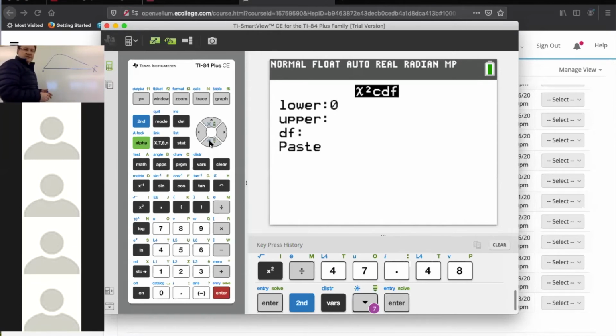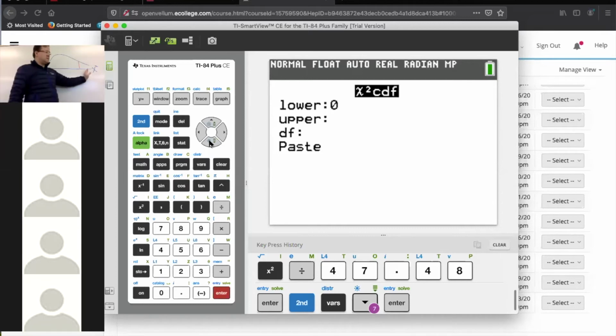But these tests for independence will always be right tail. When chi-square is 0, that means it's perfectly independent. All the observed and expected frequencies were the same, everything that you expected is what happened. The further you are away from 0, the more evidence there is against the null hypothesis.